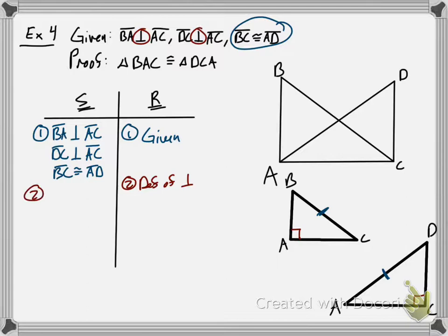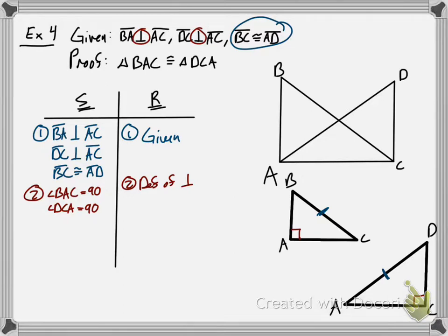So for our second statement, we're going to say that angle BAC is equal to 90, as well as DCA is equal to 90. All right, we move to our picture.